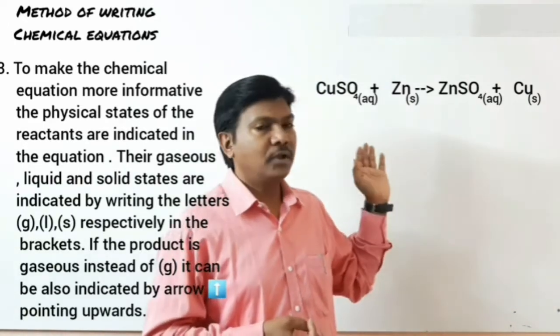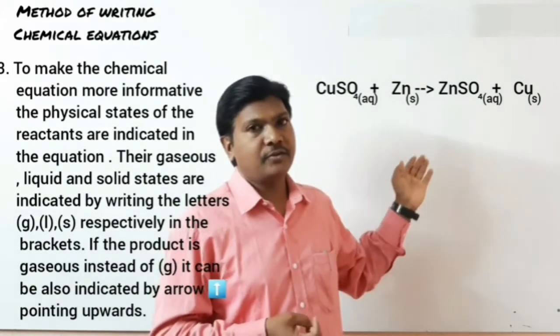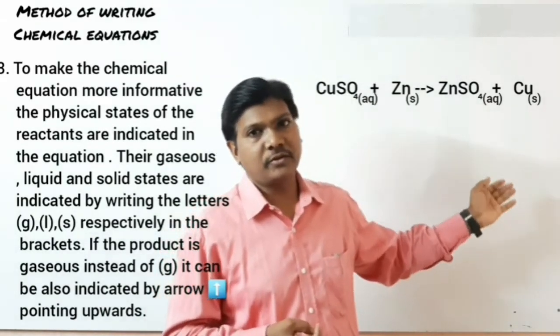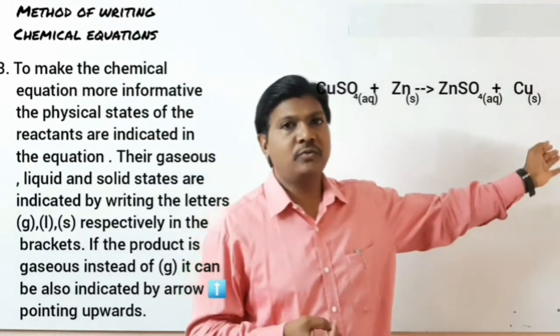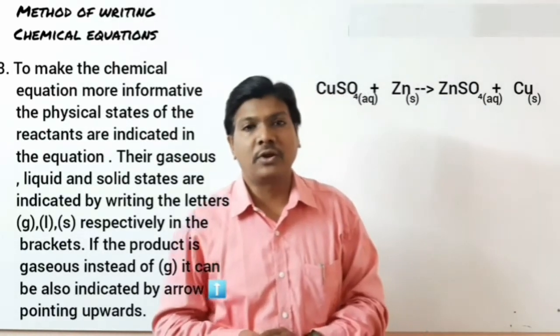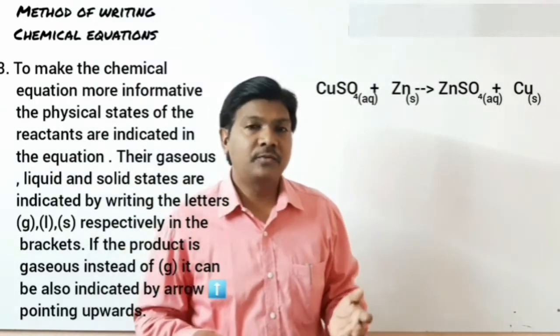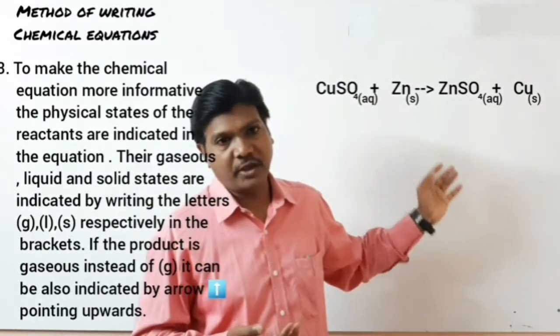In this example, copper sulfate is in aqueous solution, zinc is in solid, ZnSO4 zinc sulfate is in aqueous solution and copper is in solid state. So the states are indicated in this equation.